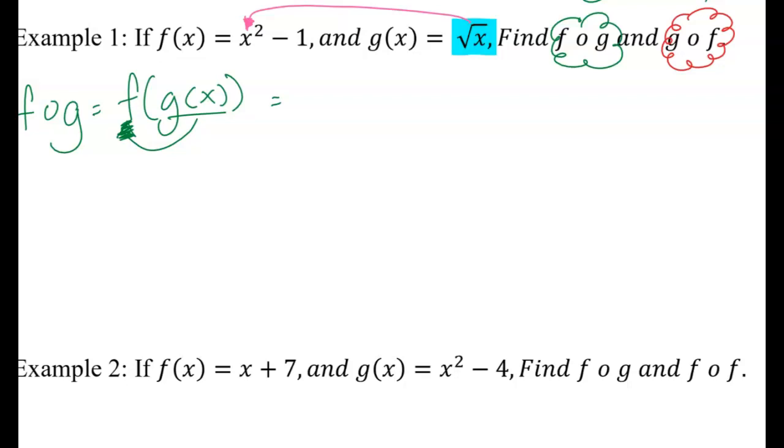I'm now instead inputting g of x. Instead of writing x, I'm inputting g of x, which is the square root of x.